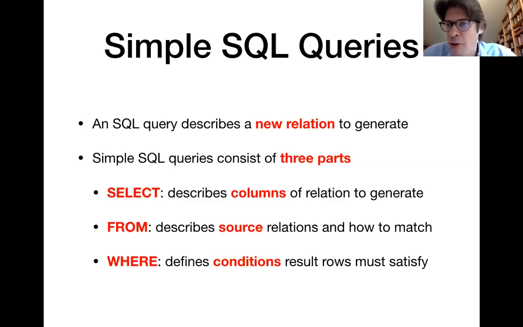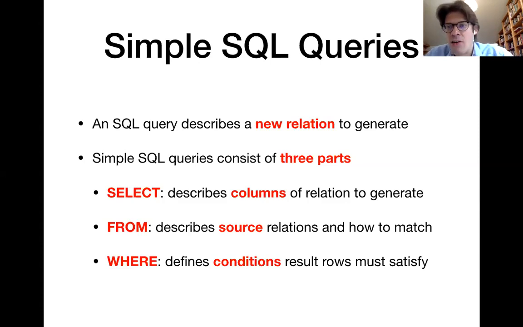Now, we're going to start with a simple class of SQL queries, which consists of 3 parts, which describe the desired result relation. In the from part of the query, you are specifying the tables from which you want to generate something. So this is essentially the data sources for your analysis.